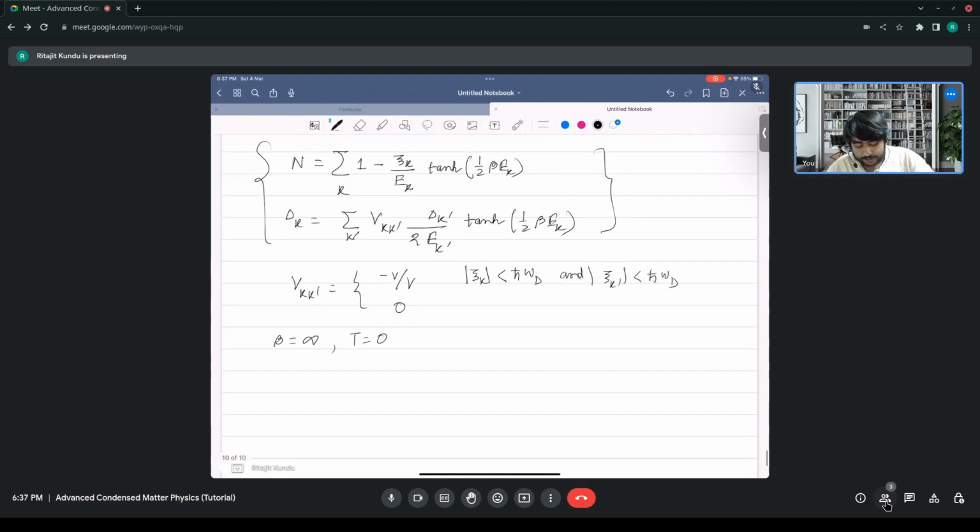If you plug this back into the number and gap equation, you will see that the number of particles is given by 1 minus xi_k by E_k, and the gap is given by the sum of V_kk' delta_k' over 2 E_k'. So it becomes a little bit simpler.